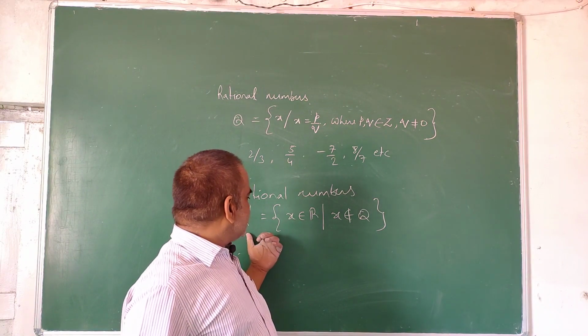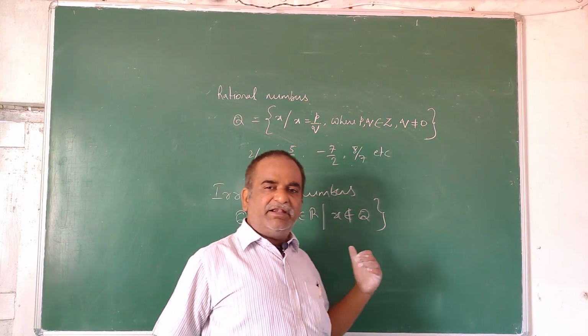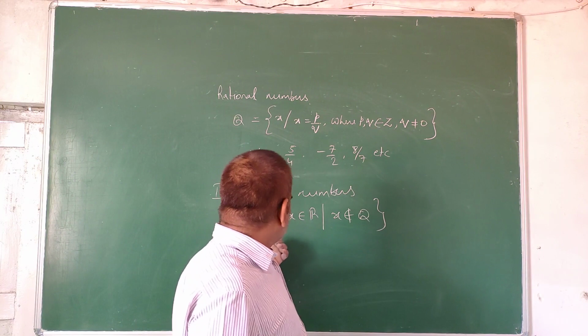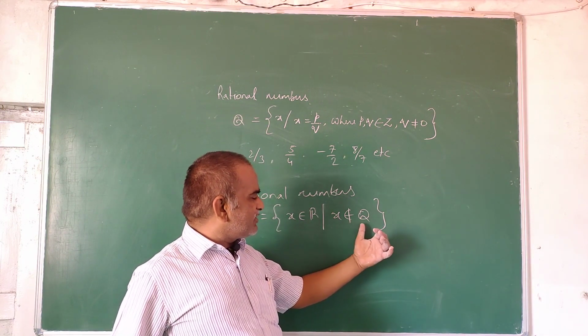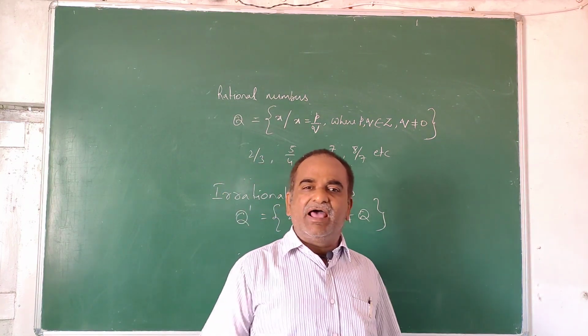The set of irrational numbers is represented by Q dash, the set of all real numbers such that the real number is not a rational number.